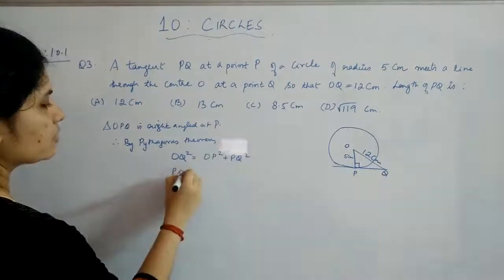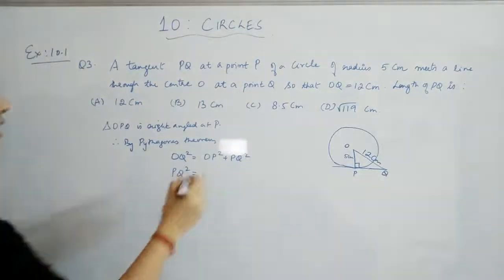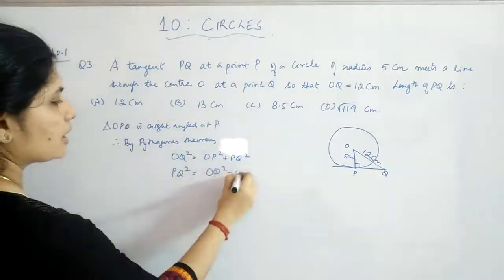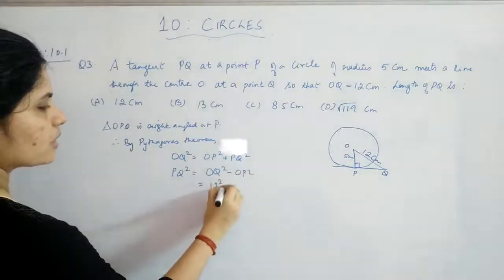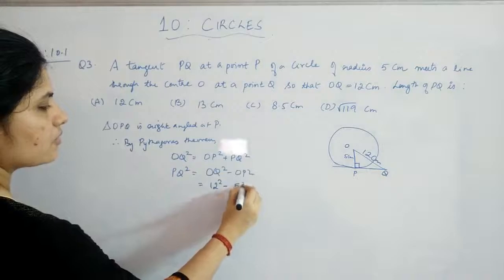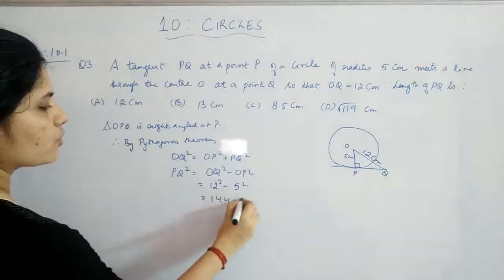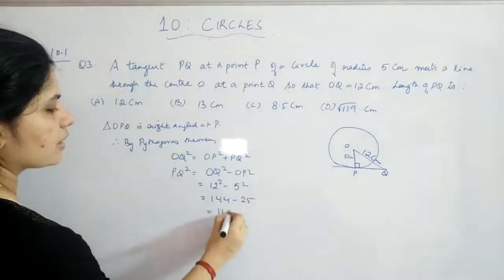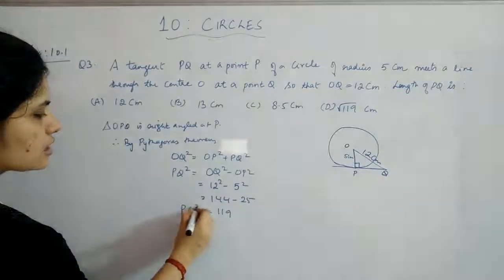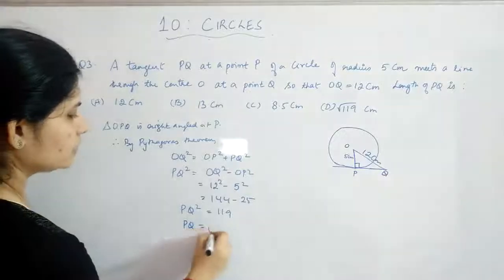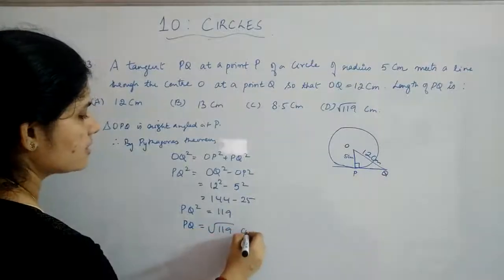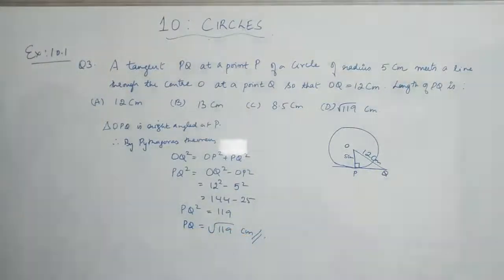Now you have to find out what PQ is. For that, PQ square is equal to OQ square minus OP square. OQ is 12, so it is 12 square minus OP square, which is 5 square. So 144 minus 25, which is 119. And this is PQ square. And what you need is PQ. It will give you root of 119 centimeters. So option D is the right answer.